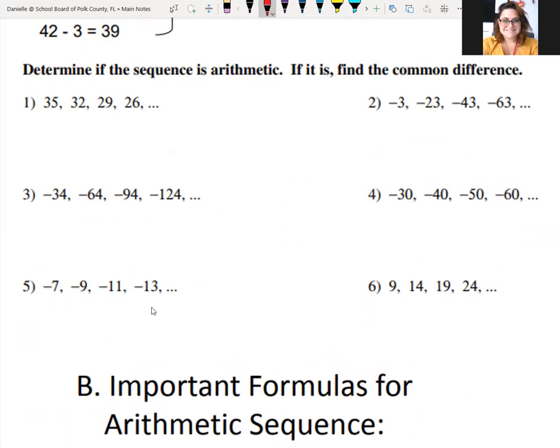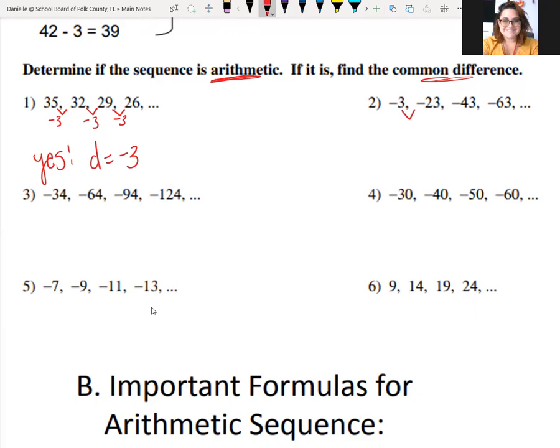Is this an arithmetic sequence? And if so, what is the common difference? Well, I see here from 35 to 32, I do minus 3. And I do minus 3 again. And minus 3 a third time. So yes, it is, and our difference is minus 3.